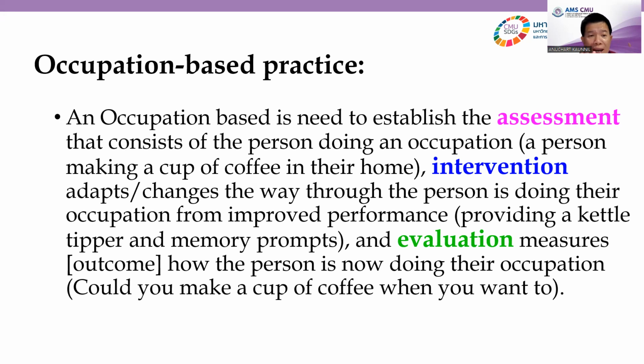Intervention, how to adapt them. If we assess that the client can do this occupation, making a cup of coffee, then intervention is how to adapt or change the way the person or client is doing their occupation for improved performance.